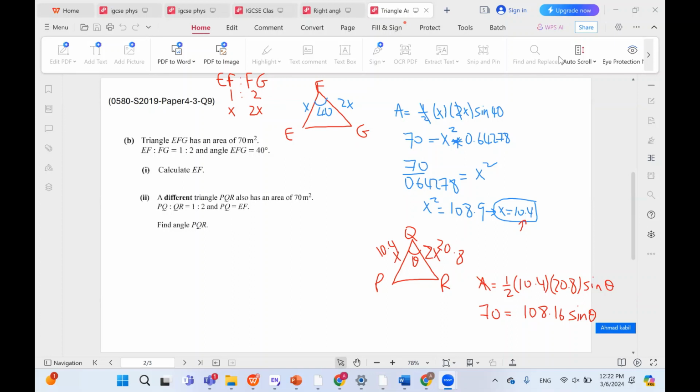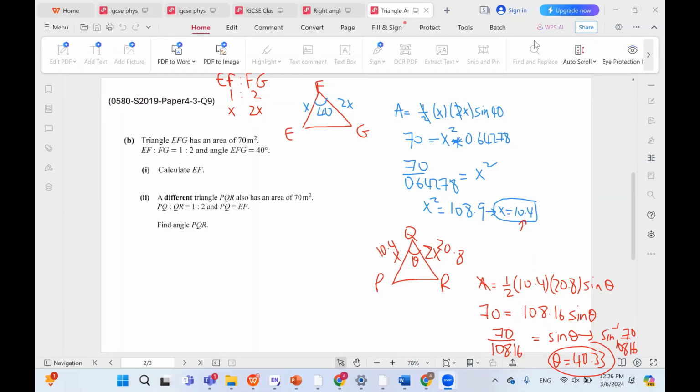So to get sine theta, we divide 70 by 108.16. And then instead of writing it down, I'm just going to write shift sine on the calculator, inverse sine of this fraction, gives us theta equals 40.33. If you want to write it in one step, you can just write shift sine 70 divided by 108.16, and that should give you the correct value of theta.